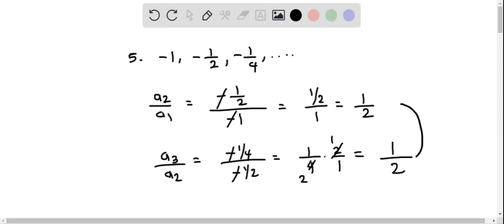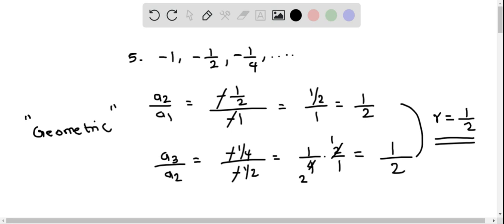So clearly these two ratios are the same. That is, we say that the ratio r equal to 1 by 2 is the common ratio of this sequence. So therefore we say that this is a geometric sequence.